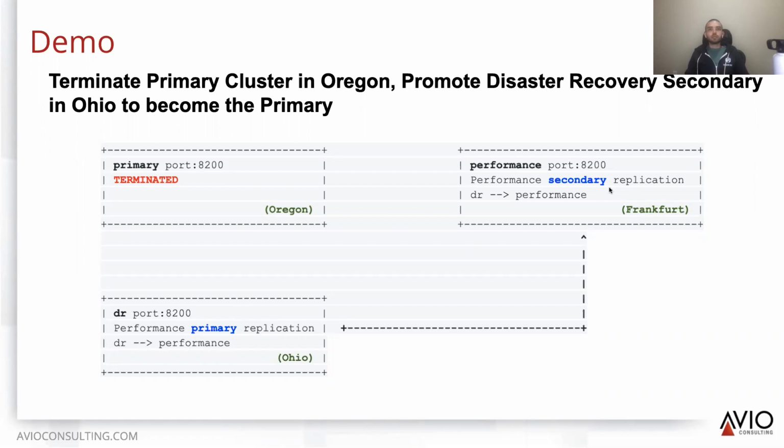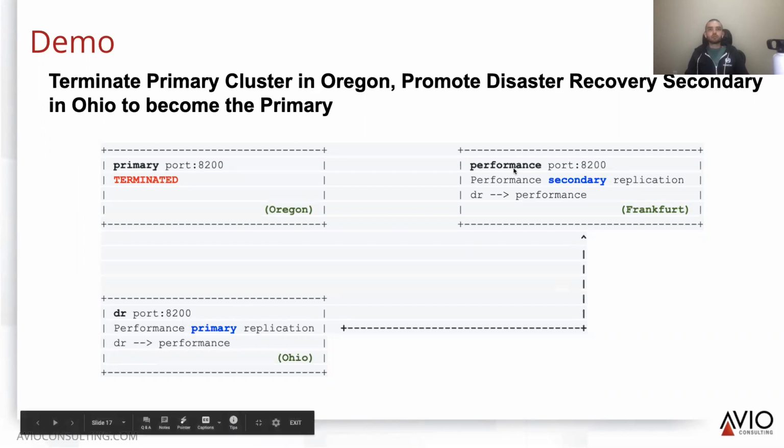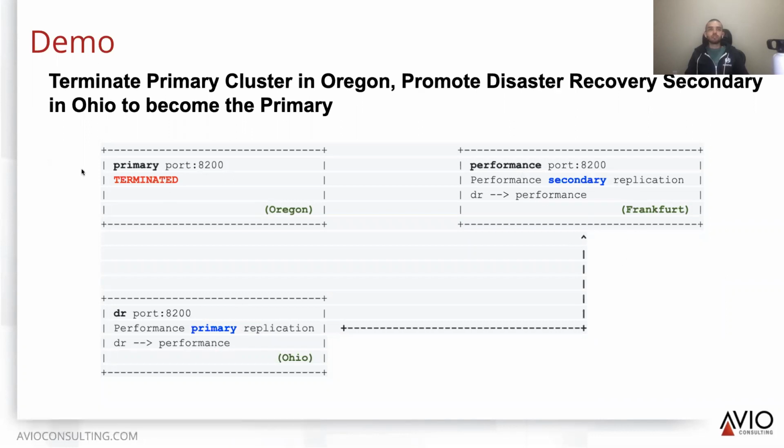And it's also going to be talking to the performance replica in Frankfurt. So we're simulating that something happened in Oregon, they completely went offline, and so we're going to have to get back to business, and this is the first step, right?